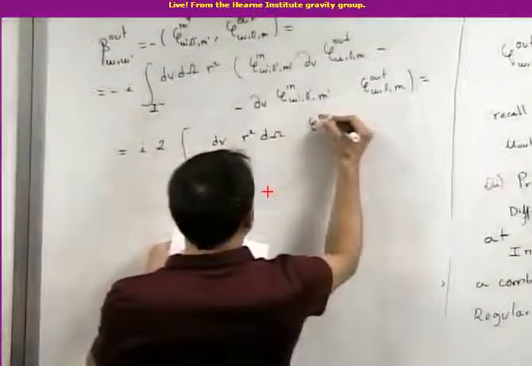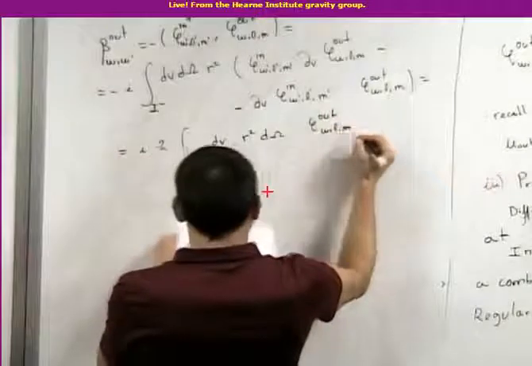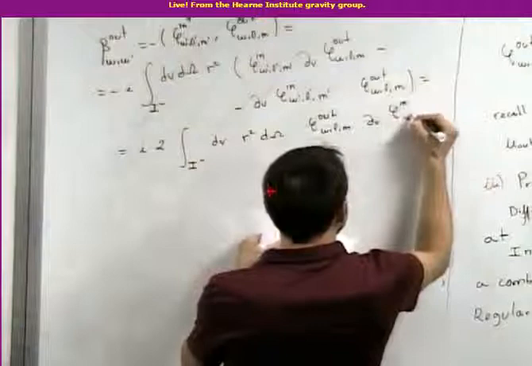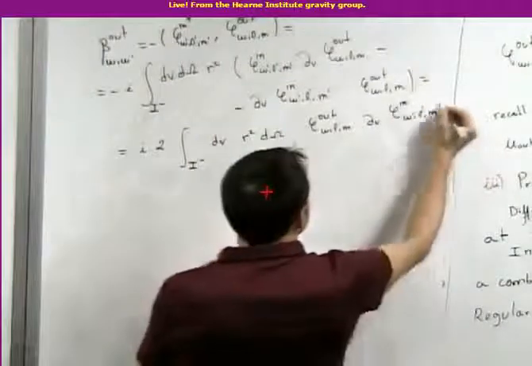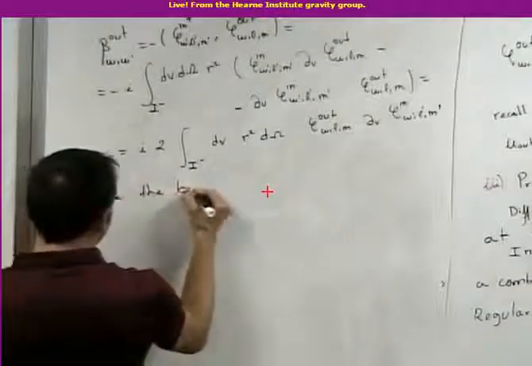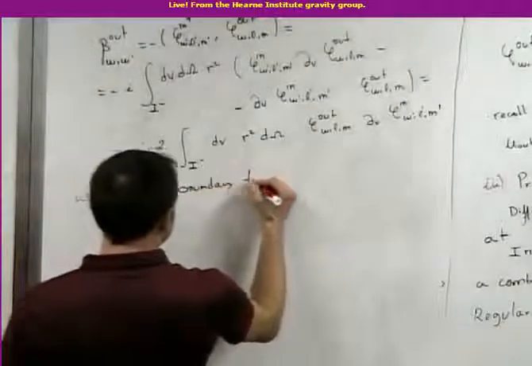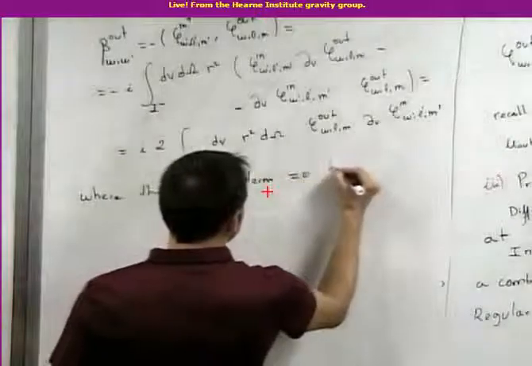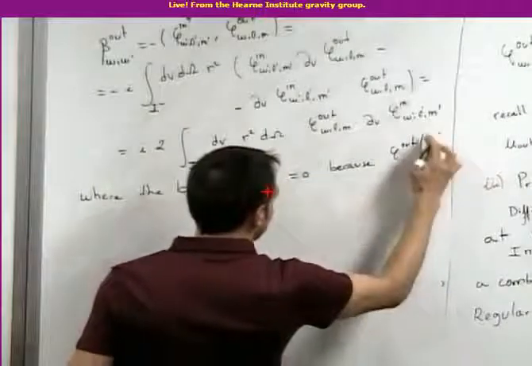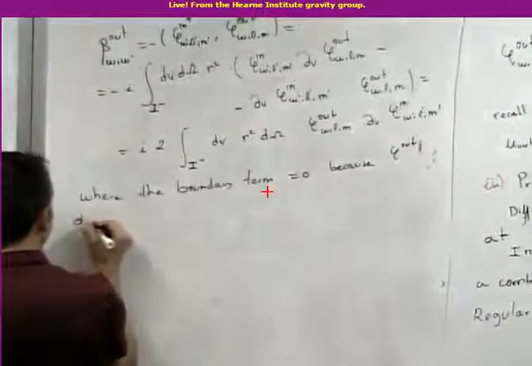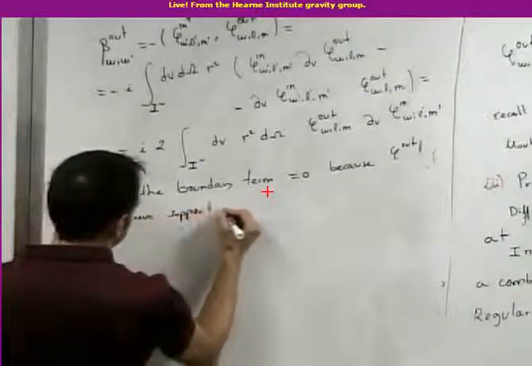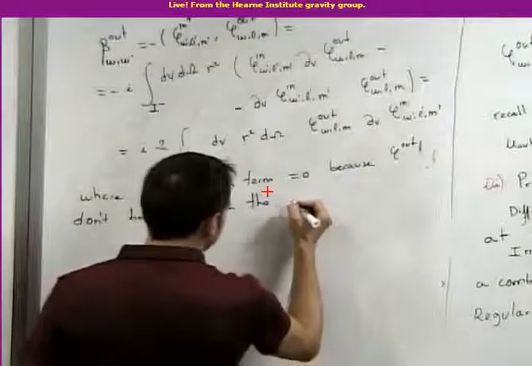And I have chosen to keep this in this way, partial v phi in omega prime, where the boundary term is 0 because the out modes in scri plus, the out modes don't have support in the boundary of scri plus.